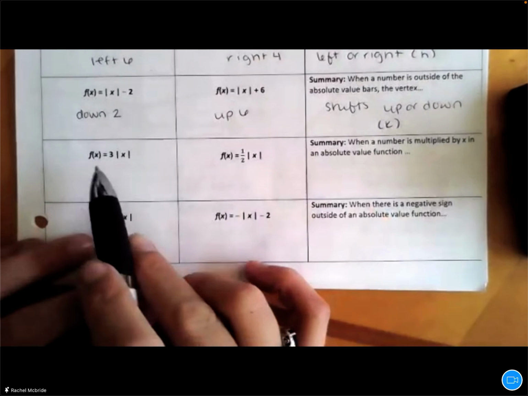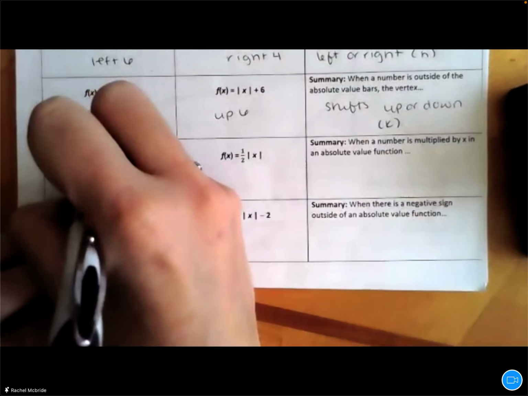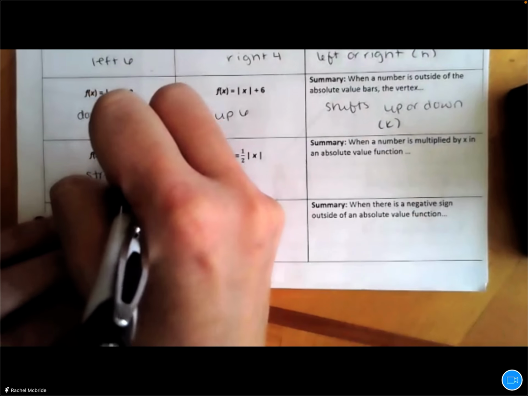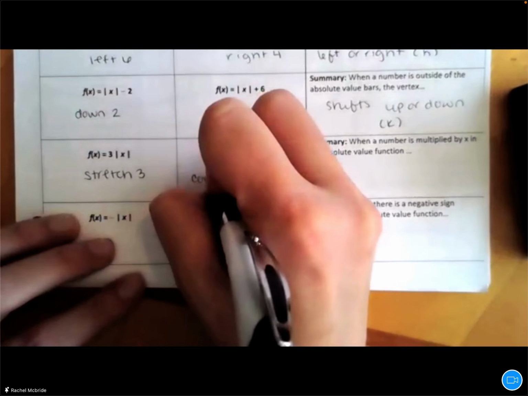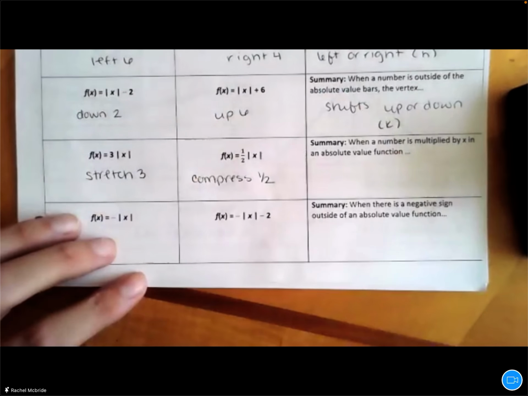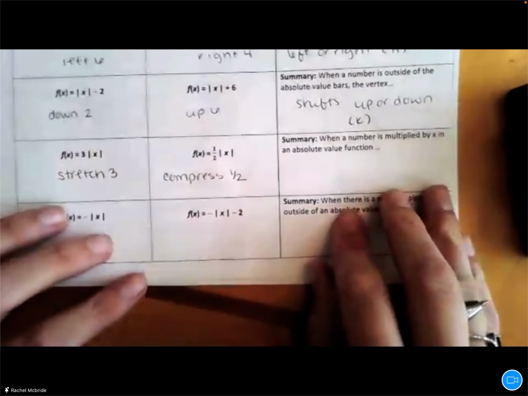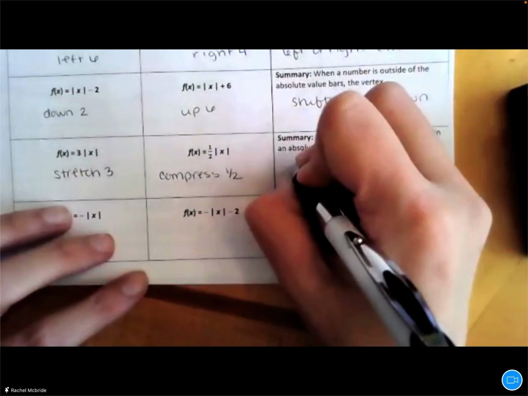A number in front is going to change the stretch or compress. So a 3 will stretch it or make it narrow. A 1/2 will compress it. And then we have our summary, which says that when a number x is multiplied, an absolute value function will be stretched or compressed.